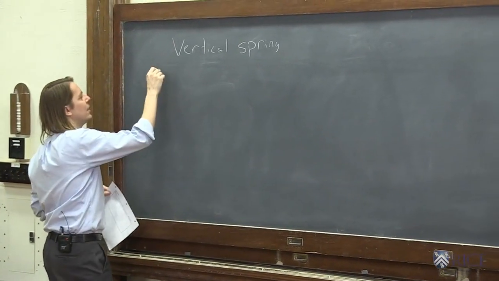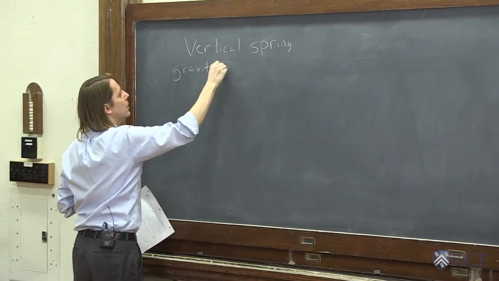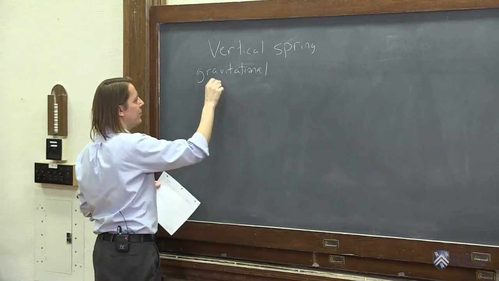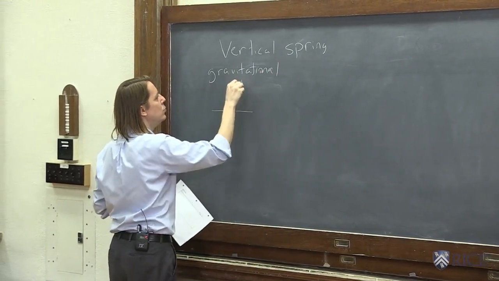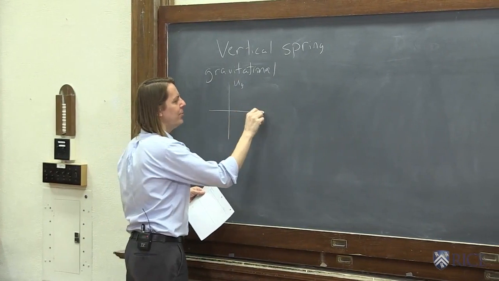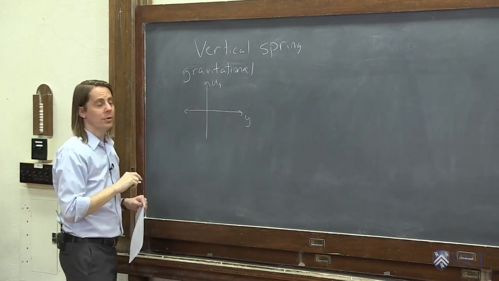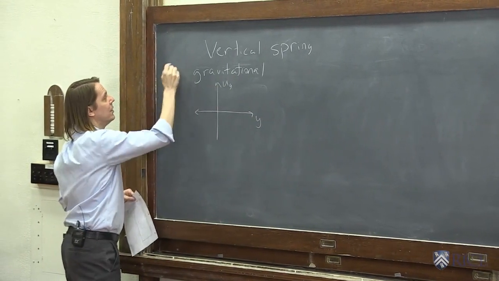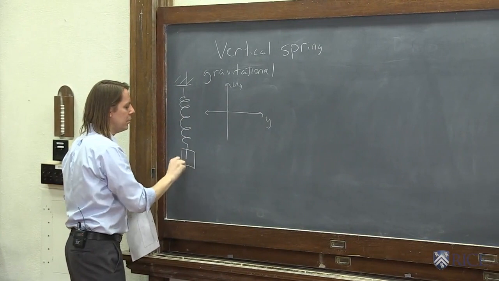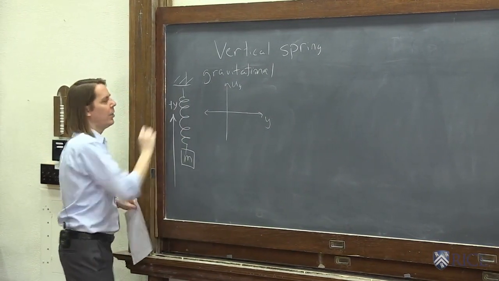You could say, let's look at the gravitational potential energy. So that would look like this. Let's see, U_G, as you move up and down. So we're going to make up and down this axis because this axis is U, and we're doing a spring with a mass on it this way, where this is the y-axis.